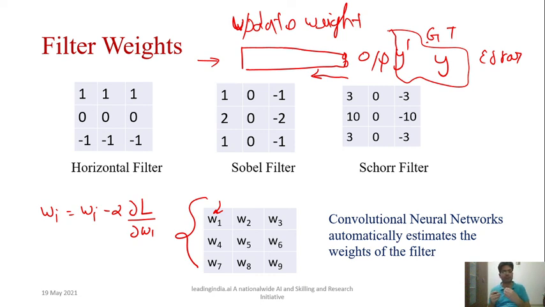Minimum error means you get the correct or closest output. That is the beauty behind the convolutional neural network. And this is the basic building block of the convolutional neural network, the convolution operation. I hope you understand the convolution operation. In the next video we will talk about the next building block. Thank you.